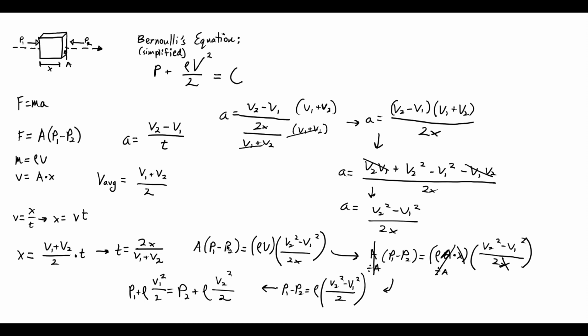No matter how many times the box moves a distance of x, this equation will always simplify into an equality, meaning that it is a constant. So we can rewrite this into its final answer as pressure P plus density rho times velocity squared over 2 equals a constant. And we're right back to Bernoulli's equation.